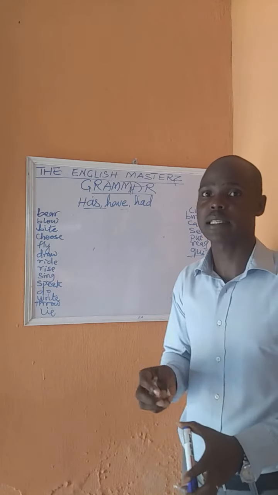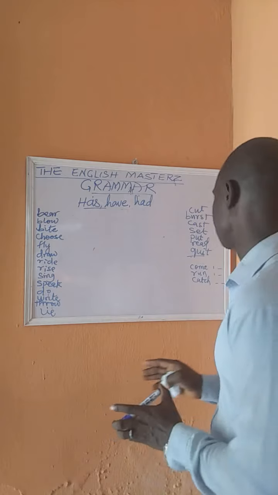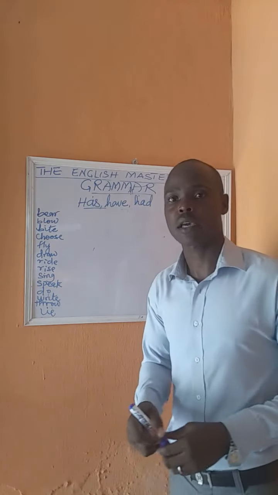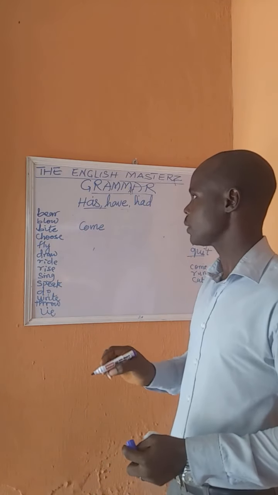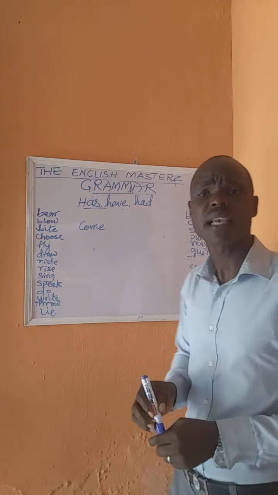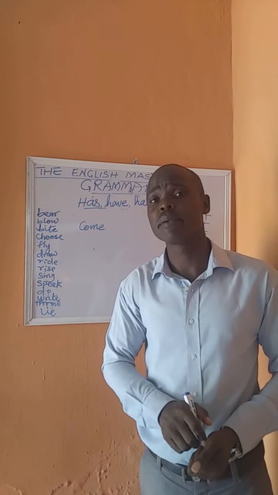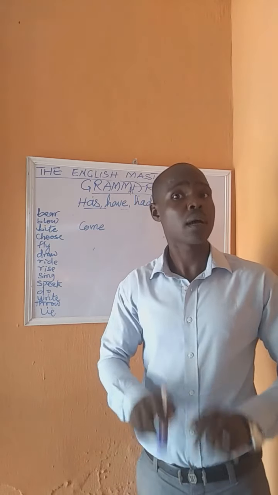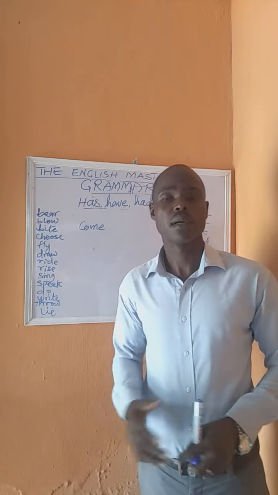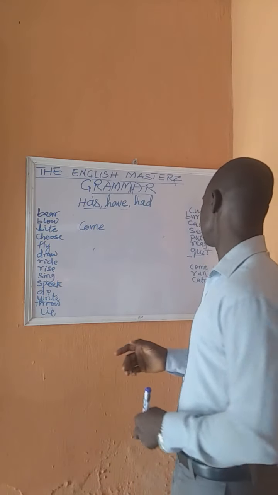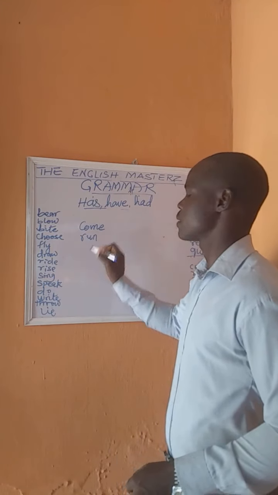But there are some verbs that do not show complete changes. What are the examples? We have come, run, and catch. For example, come. The past tense of come, of course, you know, is came. But the past participle is not came, it is come. So he has come, C-O-M-E. Another example is run, R-U-N.